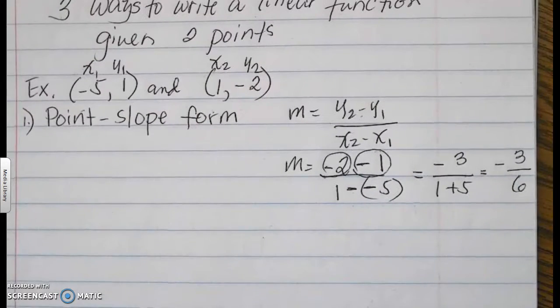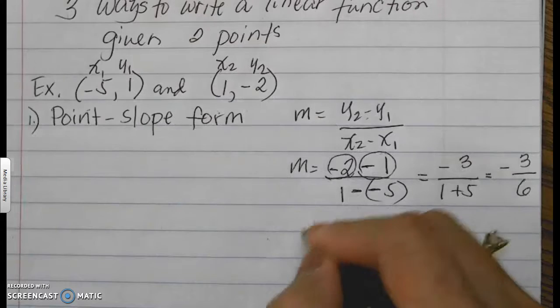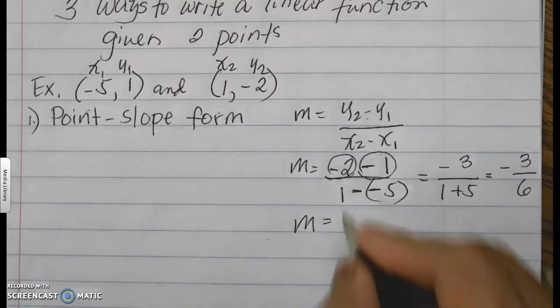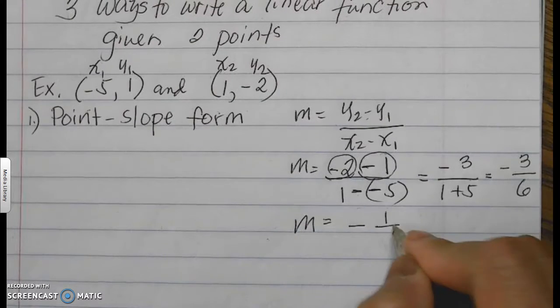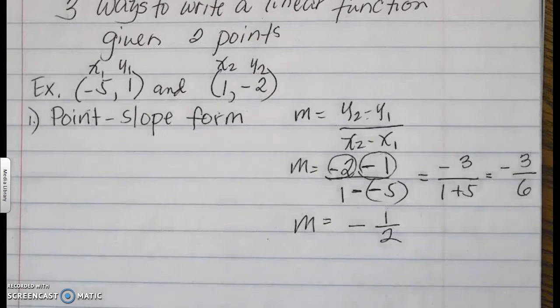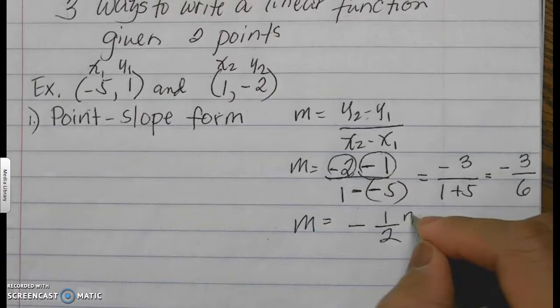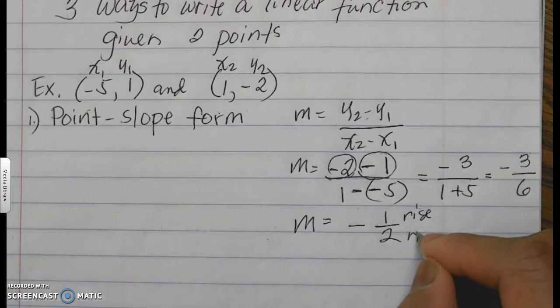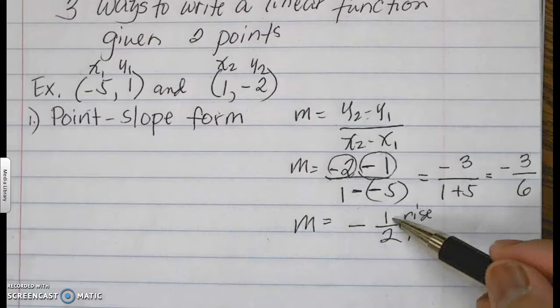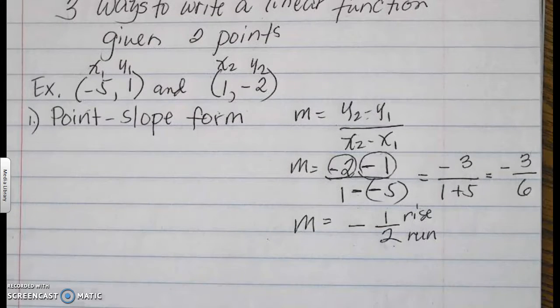Your m is a fraction of -1/2 when you reduce that by 3. So this is your rise and this is your run, and it tells you that your line is going down because it's negative.